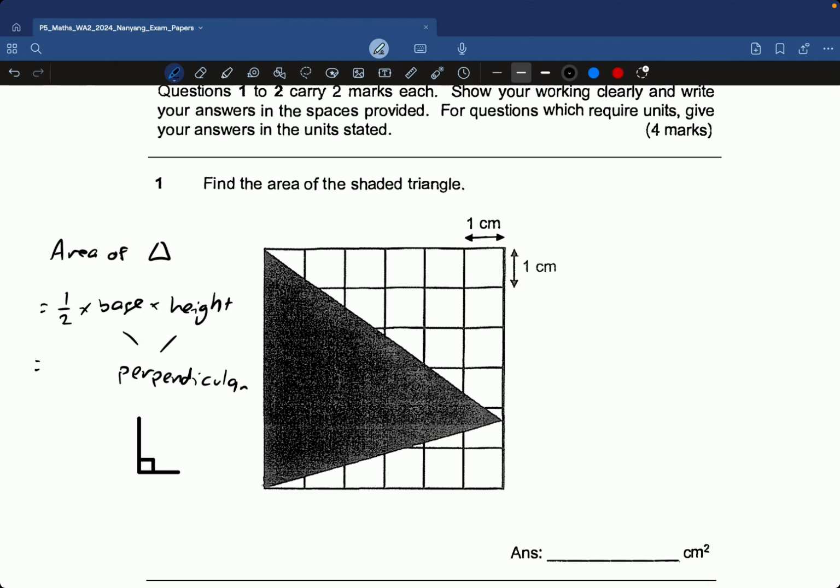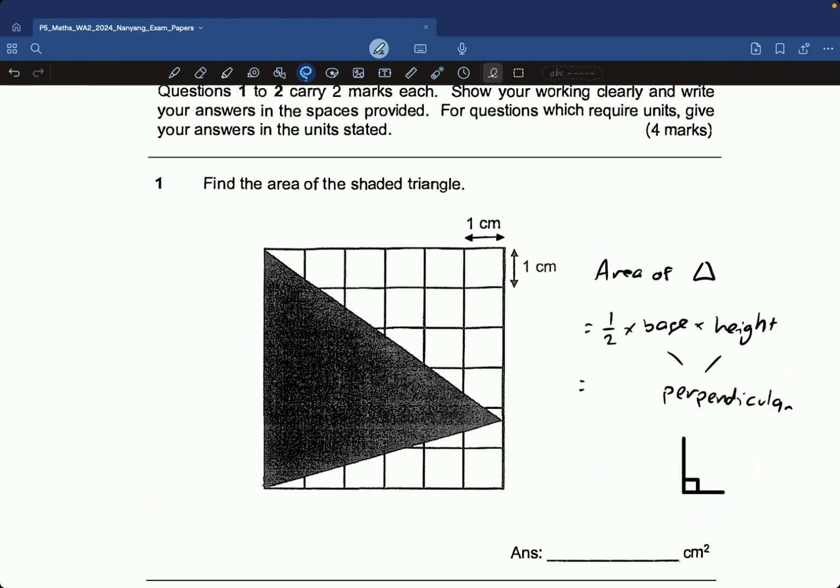So first, where do you think the base is? If you see the base over here, then you're right. At the same time, where is the height? The height is over here.